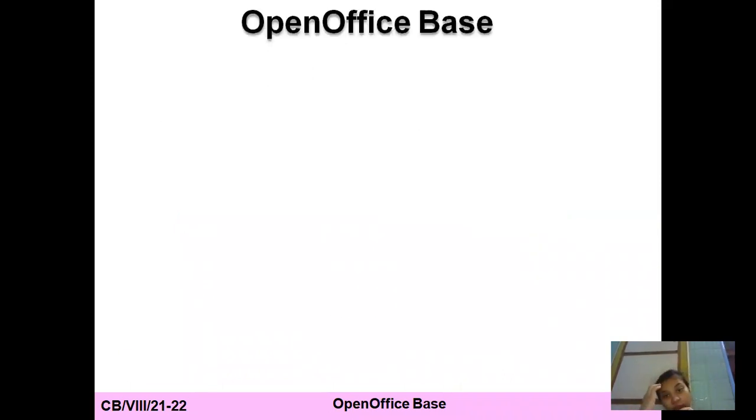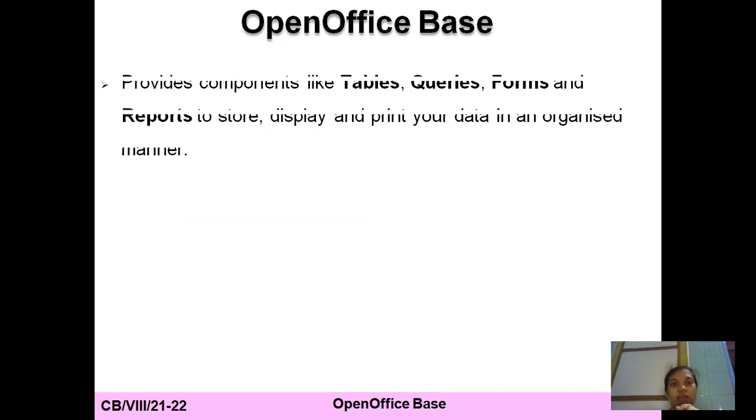What is OpenOffice Base? Simply, we learned two applications in previous years. First is OpenOffice Writer, same as MS Word, and then OpenOffice Calc, like MS Excel. Now the third application we are introducing is OpenOffice Base, which is used to create a database.